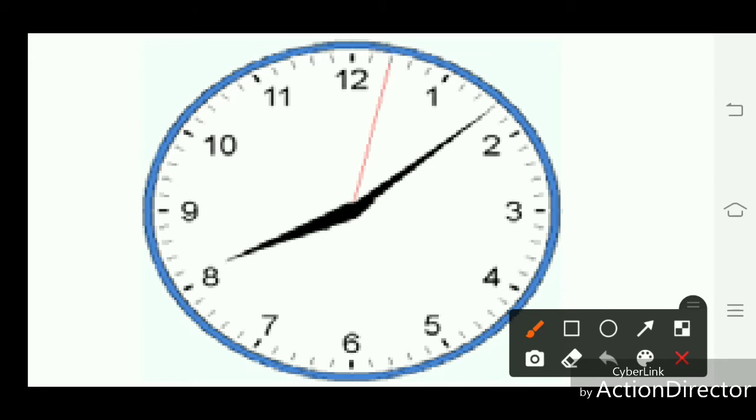Dear students, these small dashes show 1 minute, and from 12 to 1 shows 5 minutes, 1 to 2 shows 5 minutes, 2 to 3 shows 5 minutes. So each dash shows 1 minute. So the total dashes from 12 to 1 is 5: 1, 2, 3, 4 and 5. Then again 1, 2, 3, 4 and 5.